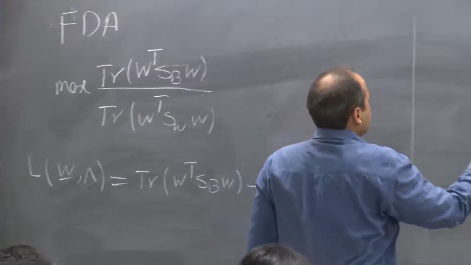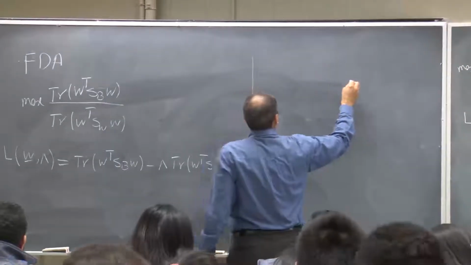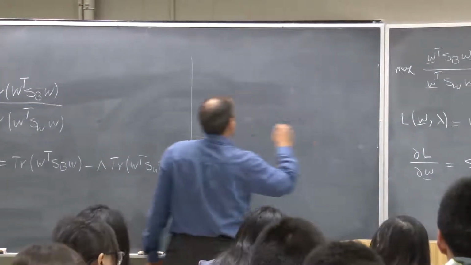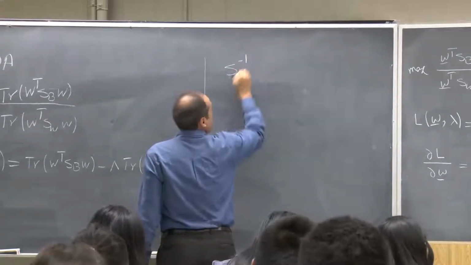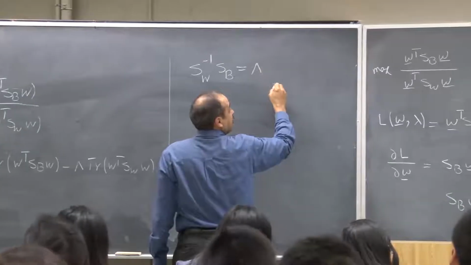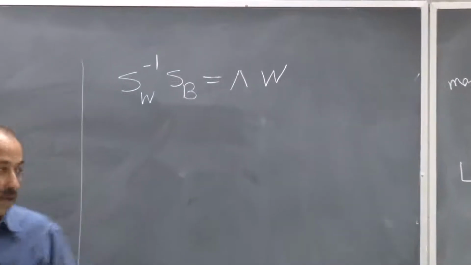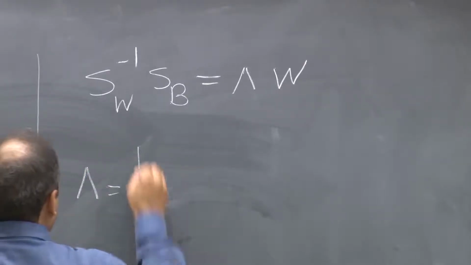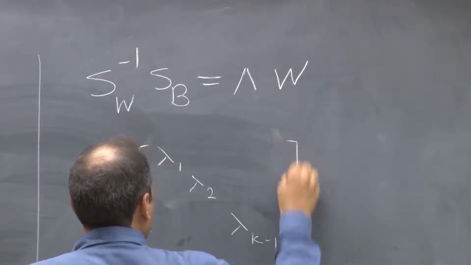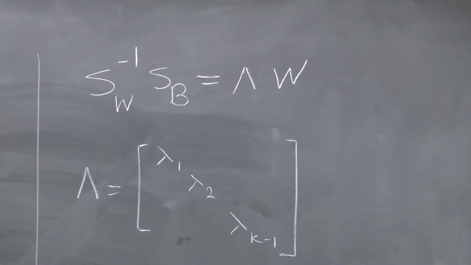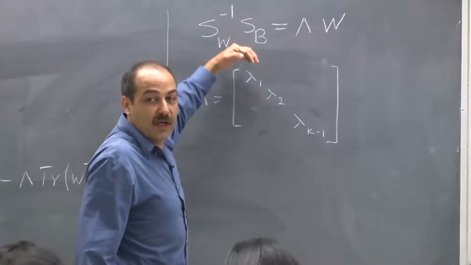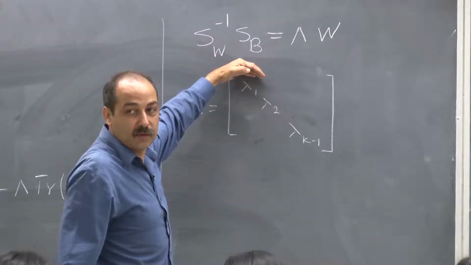And the final solution would be the solution that we had here, that SW inverse SB W is equal to W lambda, where lambda is a diagonal matrix: lambda 1, lambda 2, up to lambda k minus 1.